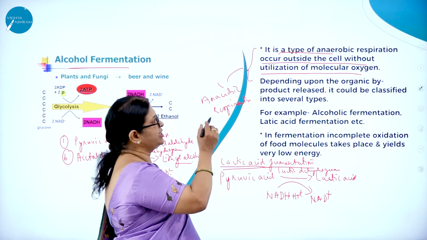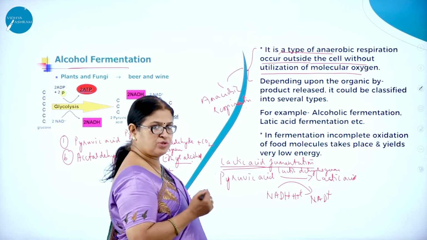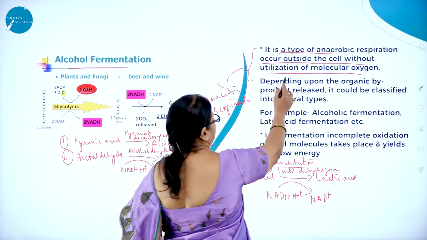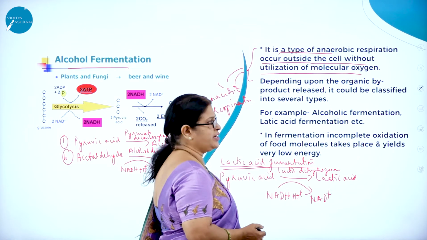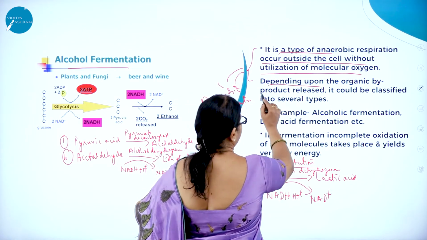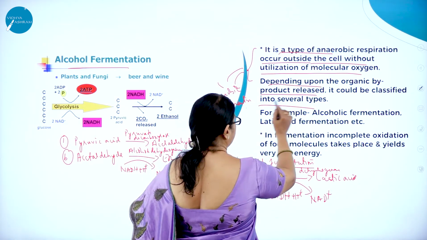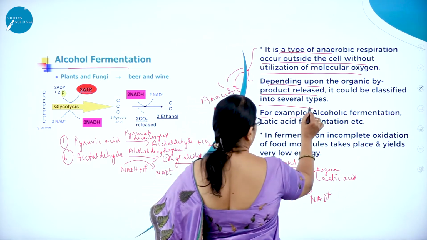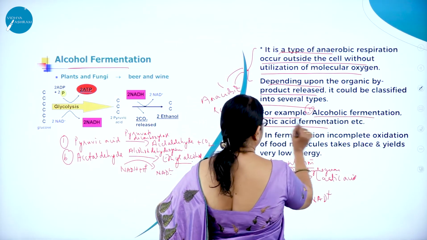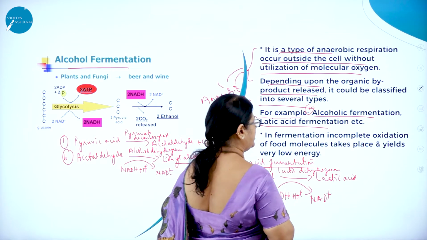It is a type of respiration which occurs outside the cell without utilization of molecular oxygen. Depending upon the organic byproduct released, it is classified into alcoholic fermentation and lactic acid fermentation.